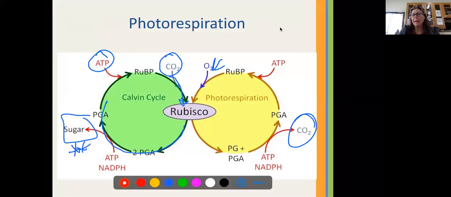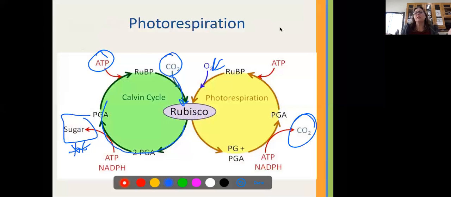Once the water became saturated with oxygen, it leaked into our atmosphere. We did not have free oxygen in our atmosphere, right? It took millions of years of photosynthesis to get oxygen into our atmosphere like we have today. But in the beginning, there was no free oxygen. So Rubisco could work just fine with all that CO2 and it didn't have to worry about oxygen.